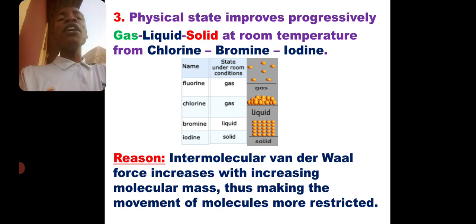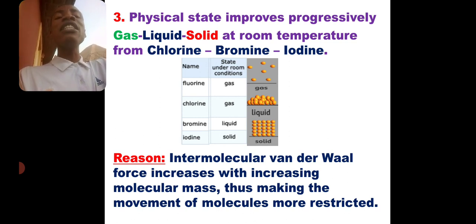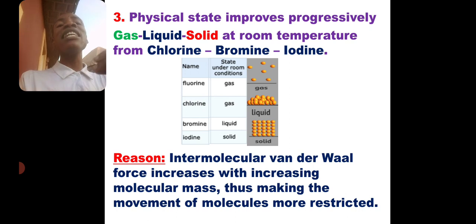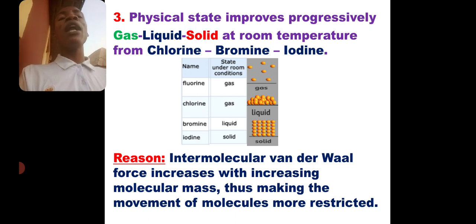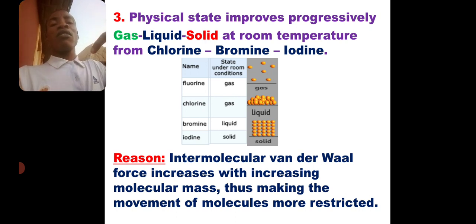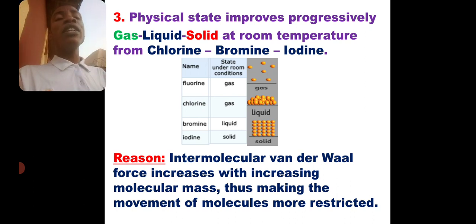So because the molecular mass of these halogens increases down the group, their physical state also changes down the group. Chlorine is gaseous at room temperature, bromine with higher molecular mass is liquid, and iodine with even more molecular mass is solid at room temperature.